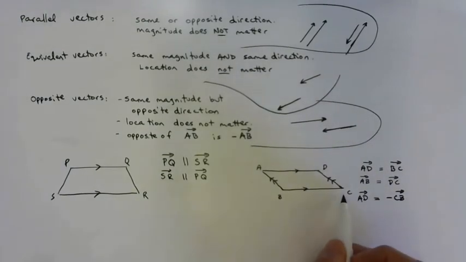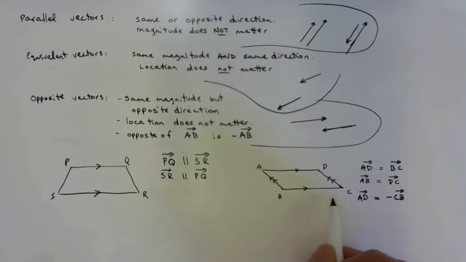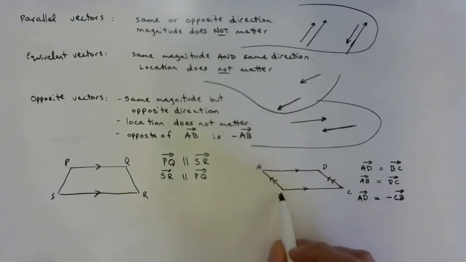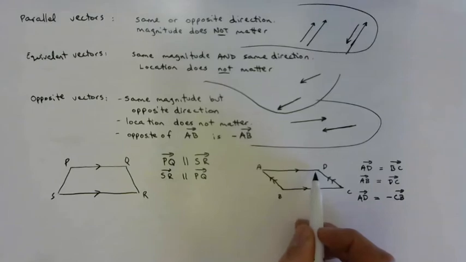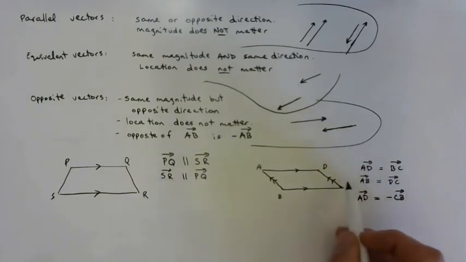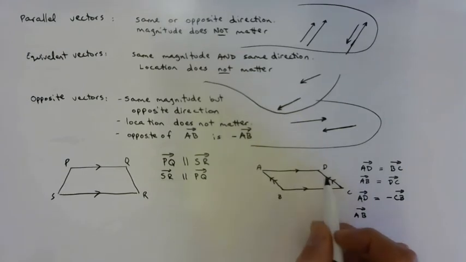Okay? So the vector CB, if we looked at this from C to B, then that would be an opposite vector of AD. We can do the same thing with this example here. If we look at AB from A to B, the vector from C to D is an opposite vector.